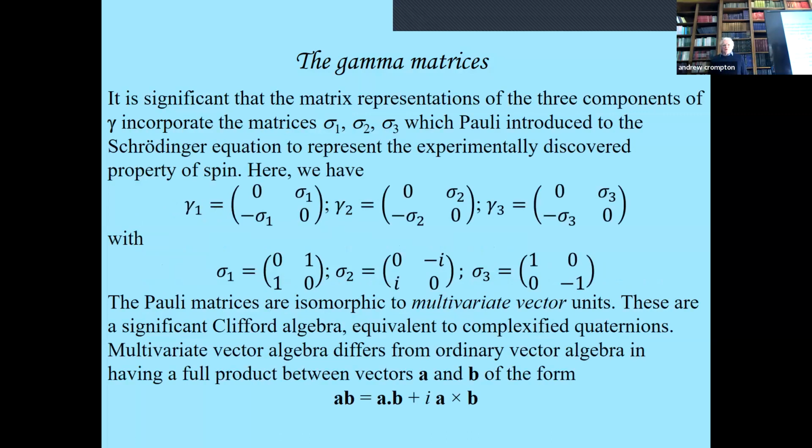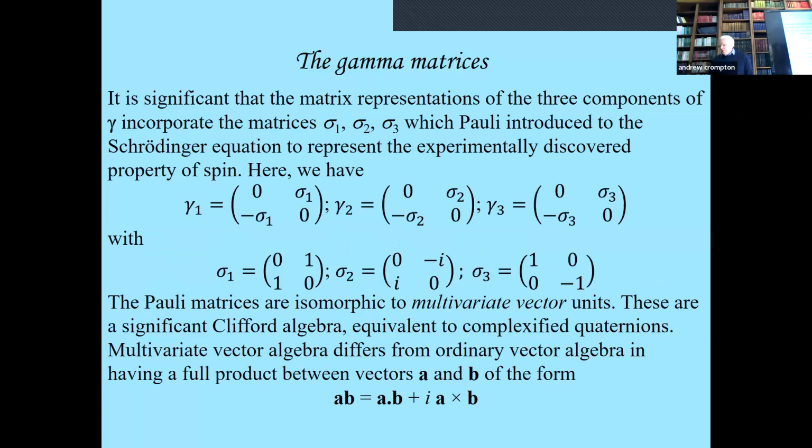And one of the significant representations of these gammas is to use Pauli matrices, which are the sigmas in the brackets for the gammas. And the Pauli matrices are isomorphic to multivariate vectors. These are an important Clifford algebra, and here I've got Clifford's complete papers with me.